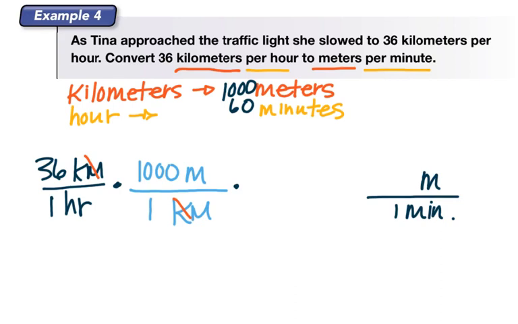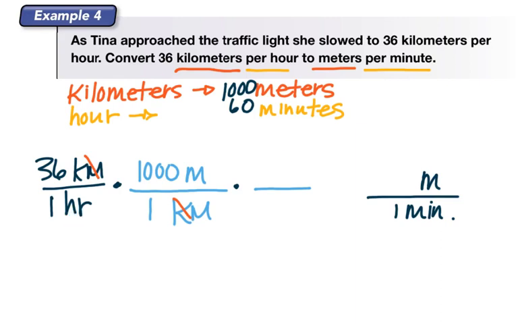Now I'm going to look at my next unit multiplier. Now I'm going to want to cross out my hours, right? Because I need to turn my hours into minutes. So I want to cross out hour and hour over here.